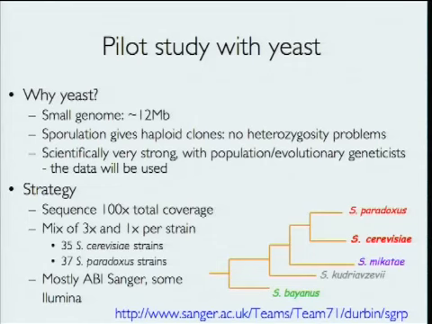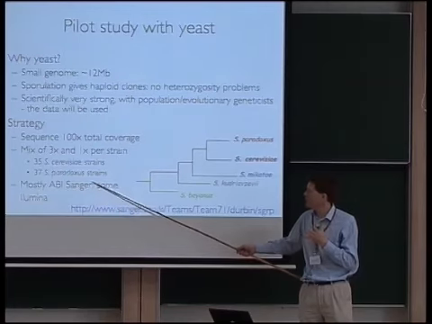There's a strong yeast genome community who will use all the data. It's important in its own right. We gave ourselves a budget of 100-fold total coverage, and we did some strains to 1x and some to 3x, and we actually sequenced two different closely related species for evolutionary and population genetic reasons in terms of the design.